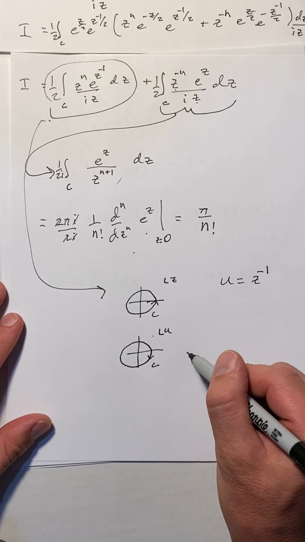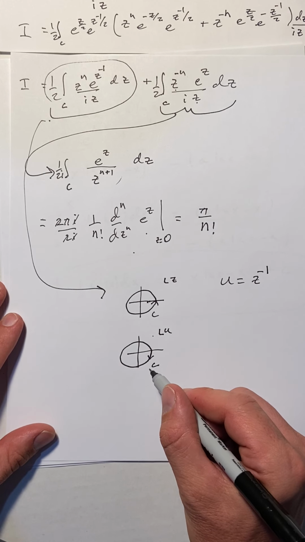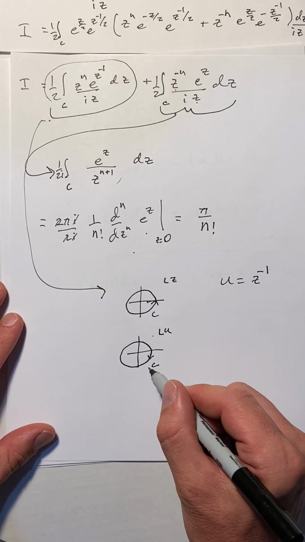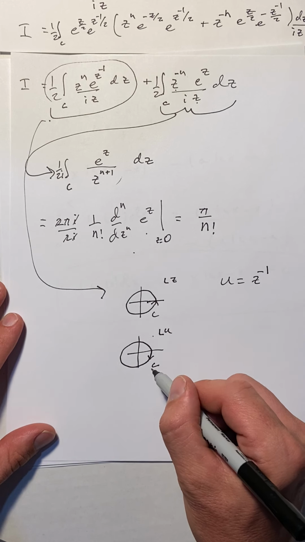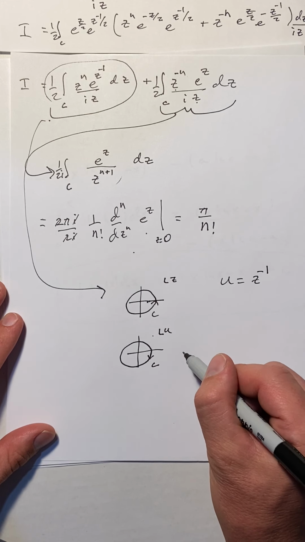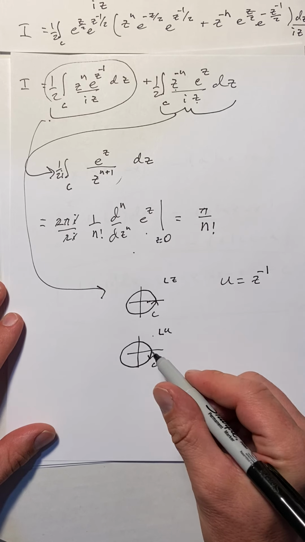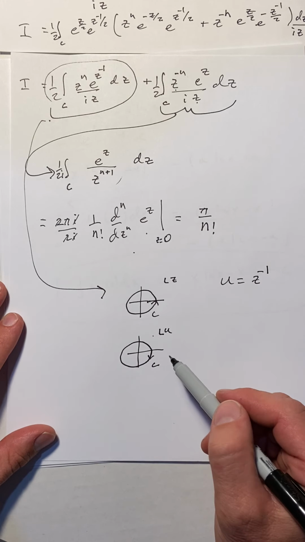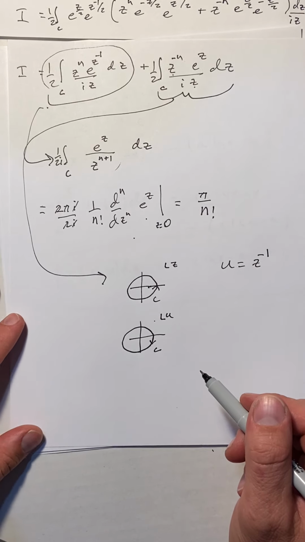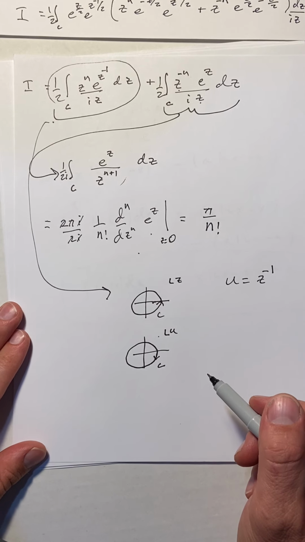But if I wanted to add a negative sign to the integral, I could switch the direction of the contour to minus C, and then u equals 0 would be enclosed.